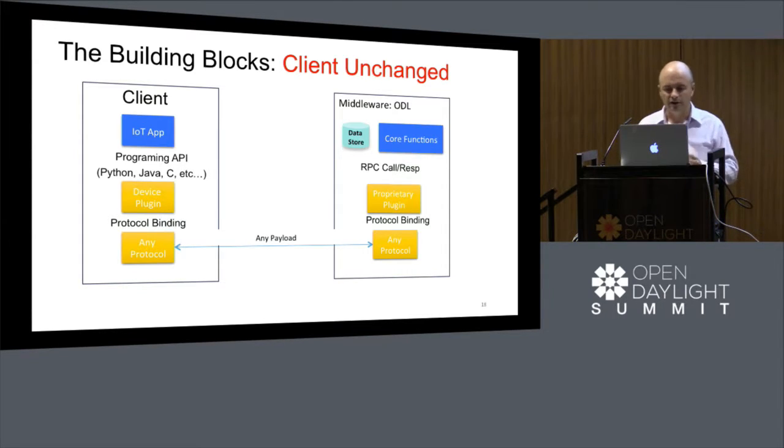But the reality is usually different. Mostly this is going to be the picture that people will be faced with, where you have a client that you cannot modify and you cannot put a oneM2M stack in it. Even if the oneM2M stack is very trivial, it's not going to be possible. So you have a proprietary device plugin, you have a proprietary protocol, and you have a proprietary plugin on the other side.